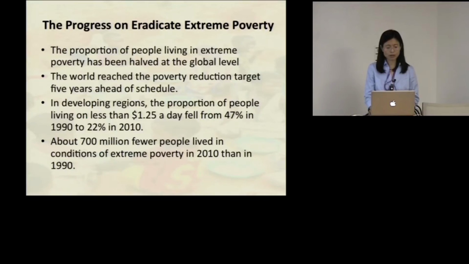From a global level, you can see the proportion of people living in extreme poverty has been halved, which is the goal of Millennium Development. The world has reached poverty goal reduction target 5 years ahead of time. About 700 million fewer people lived in conditions of extreme poverty in 2010 than 1990.